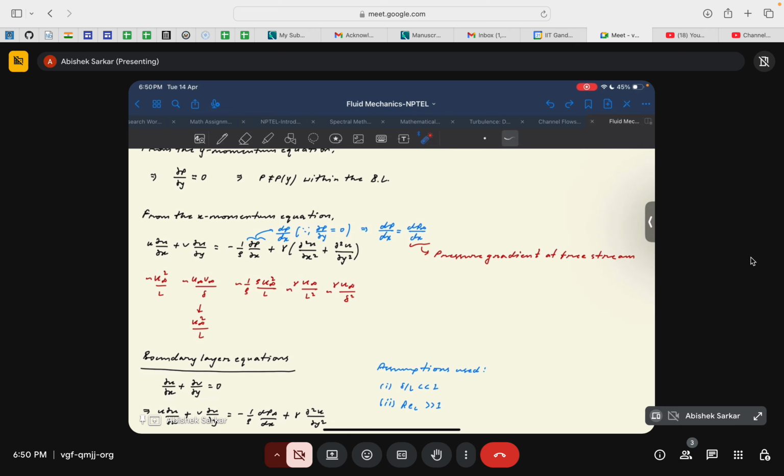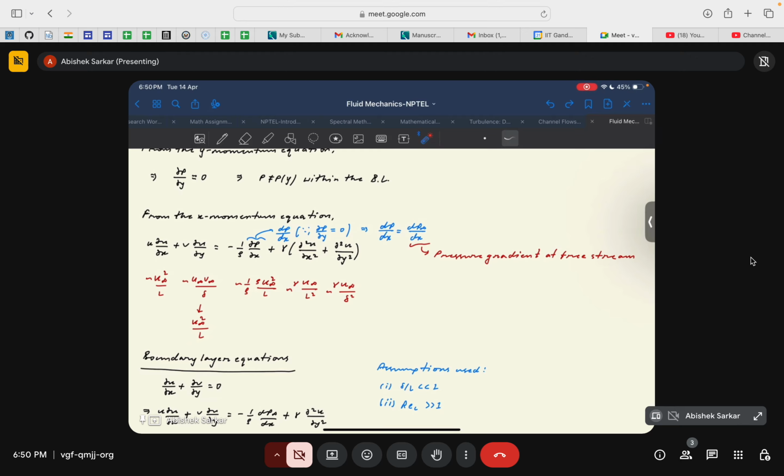Now the key thing here is what term can be cancelled out. If you look at these three terms, they scale the same, there is no difference in the scaling. I think using identical is the wrong term, so I will say they scale similar to u infinity squared by L.